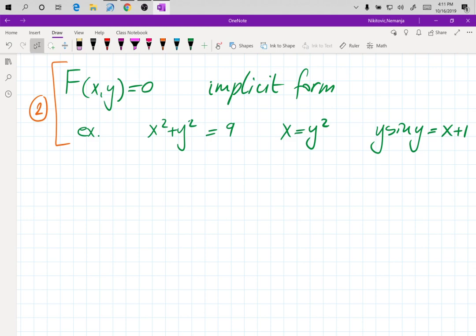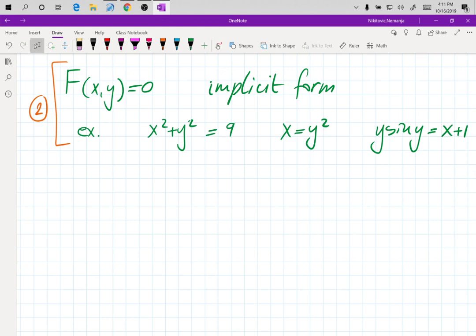Clearly not a function, but it's definitely something where we can find derivatives at every point because the whole curve is smooth, right? So we can find tangent lines. So now that we understand that these curves have tangent lines, let's figure out the way to find those.